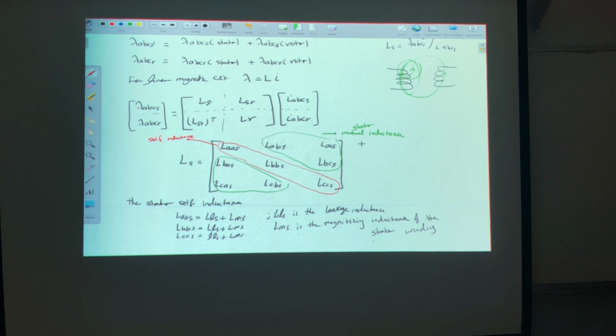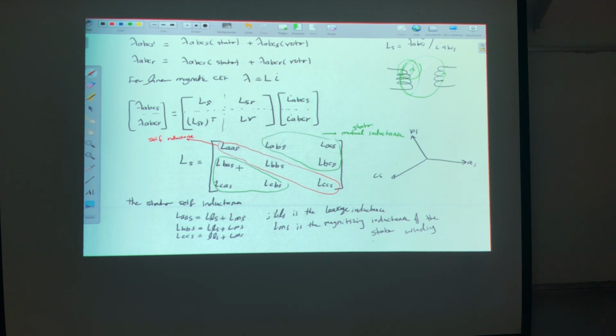Now see, I'm having three phases, correct? So simply this means that here I'm having AS, here I'm having BS, and here I'm having CS. Now LABS is what? Or let's discuss this one, maybe it will be more projecting.